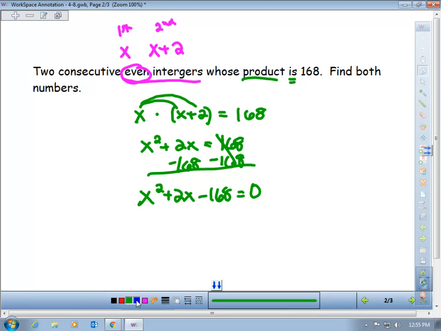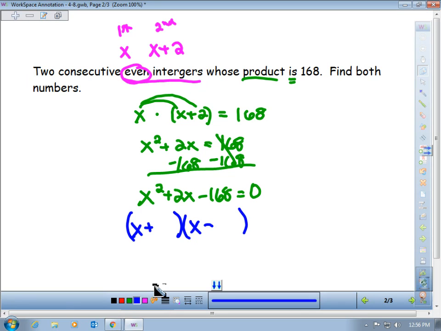Let's factor that non-zero side here. It's going to be a little bit harder here. X and x. I definitely know one of them is going to be positive and one of them is going to be negative here. So what two things multiply to be 168, but are different, and when I add those two together, that's 2?